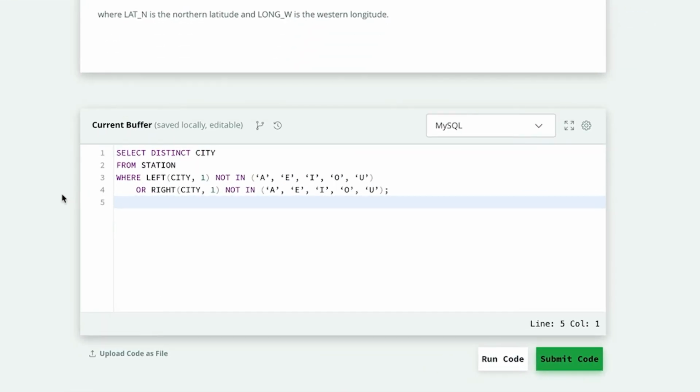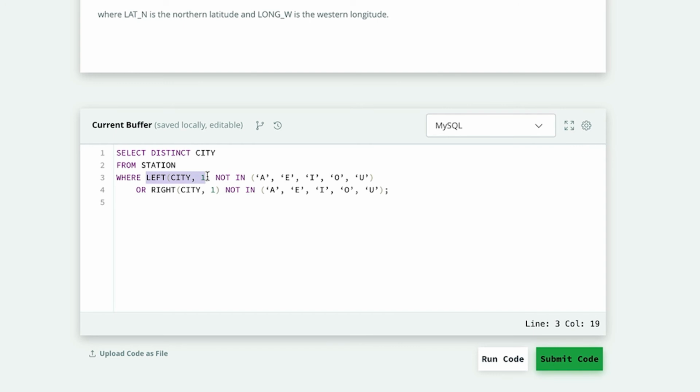As we do not want duplicates in our result, in the first line we will write select distinct city. We are using the station table, so in the next line we will write from station. We will define a filter condition on the city column and match the vowels with the first letter and the last letter of the city.